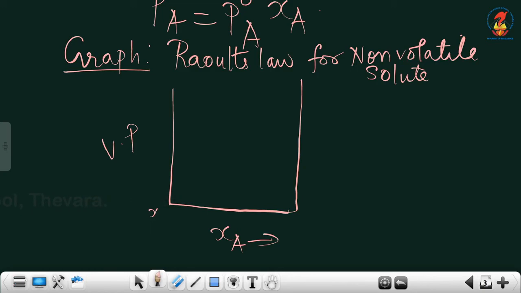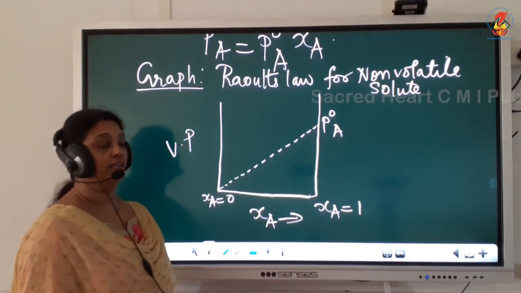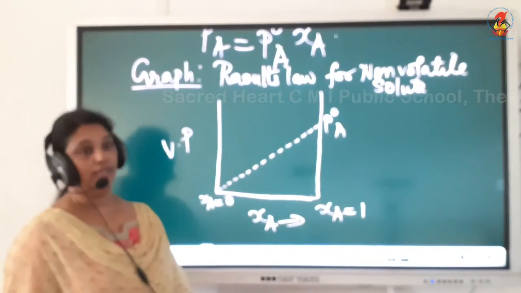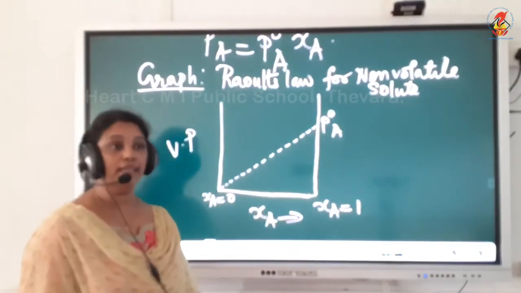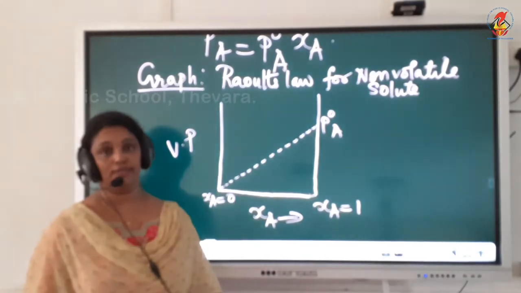In the beginning the value of XA, mole fraction of solvent, is equal to 0. Now vapor pressure increases and it reaches a maximum, that is P naught A, where we have mole fraction XA equal to 1. Or we can say that in this graph, the vapor pressure varies linearly with the mole fraction of the solvent A, because only solvent A is volatile. So this is the Raoult's law for solution containing non-volatile solute and the graphical representation of Raoult's law.